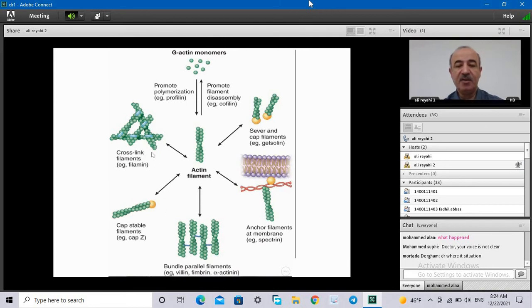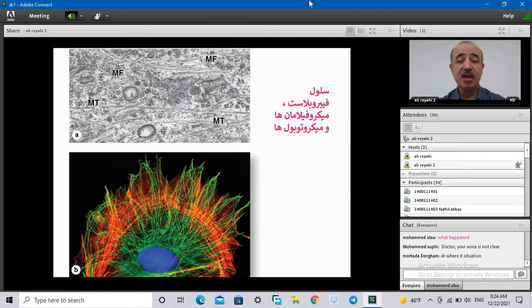and usually within the cytoplasm the actin filament can cross each other, and some protein links these filaments and forms the complex structure of the actin. The actin filament, like the microtubule, can help the movement of the organelle within the cytoplasm.